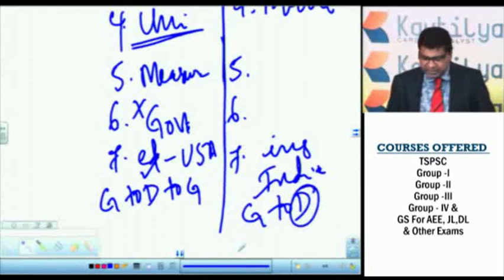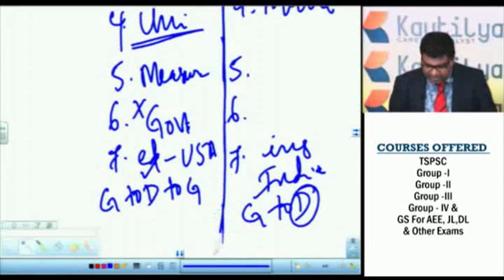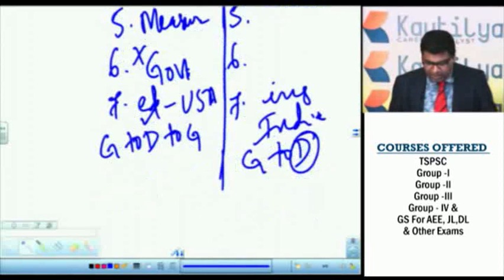Already self-sustainability in food grains is attained. Now the government of India has been taking bold initiatives on how to distribute these commodities through the public distribution system to address problems like poverty, and to minimize hunger and malnutrition in the country. So these are various aspects of growth and development.